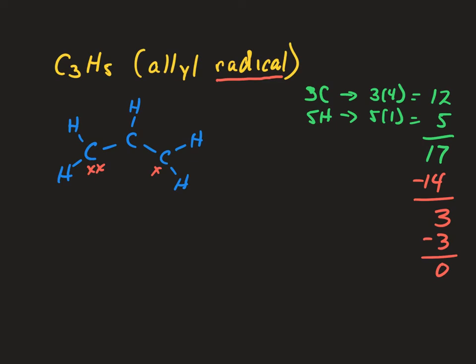Now, we have this central carbon without an octet. One of the things we could do to give it an octet is let this pair fall in, and that would create a species like this.